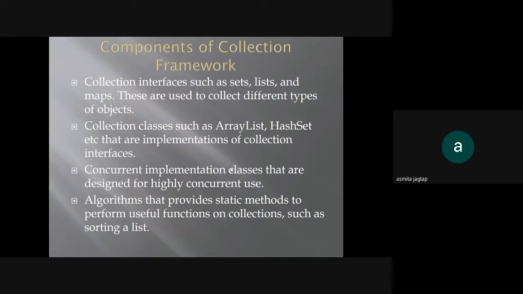Because a vast amount of data is present, and to search for anything, the programmer always needs to think about which data set or data collection to use, so that the output comes in milliseconds. So the collection framework is an important topic, like DSA, it is related to data structures. So what are the components of the collection framework? Collection interfaces such as set, list, and maps.